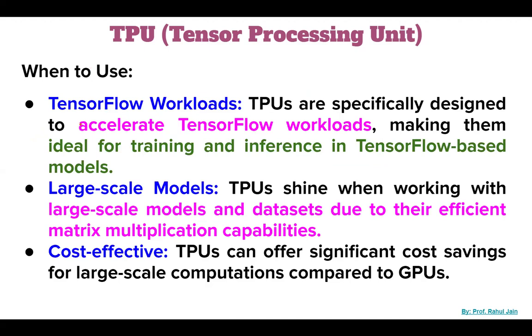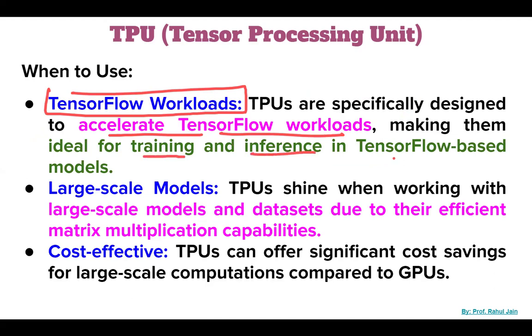So when to use? When we are working on TensorFlow workloads, then TPUs are specifically designed to accelerate TensorFlow workloads because it makes them ideal for training and inference in TensorFlow based models.